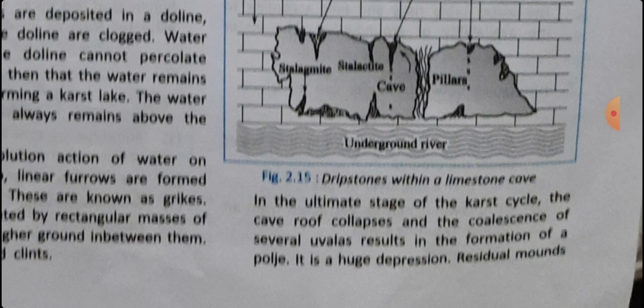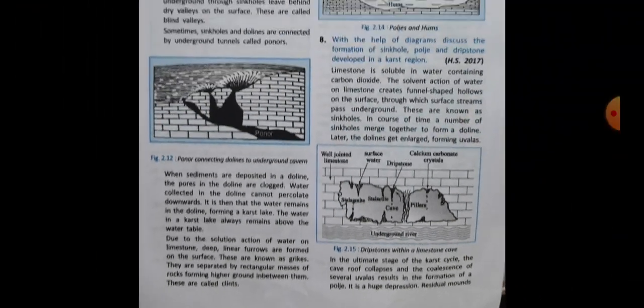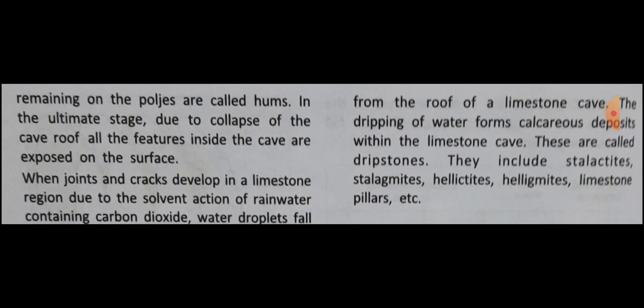In the ultimate stage of the karst cycle, the cave roofs collapse and the coalescence of several uvalas results in the formation of a polje. It is a huge depression. Residual mountains remaining on the polje are called hums. In the ultimate stage, due to collapse of the cave roof, all the features inside the cave are exposed on the surface.